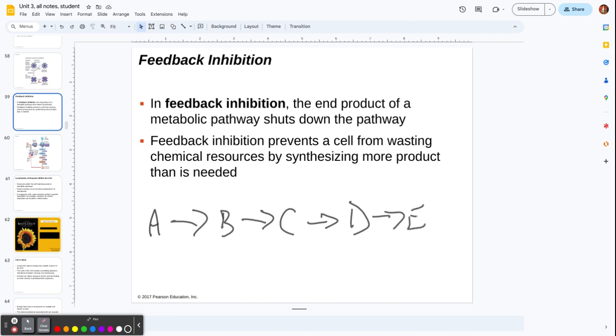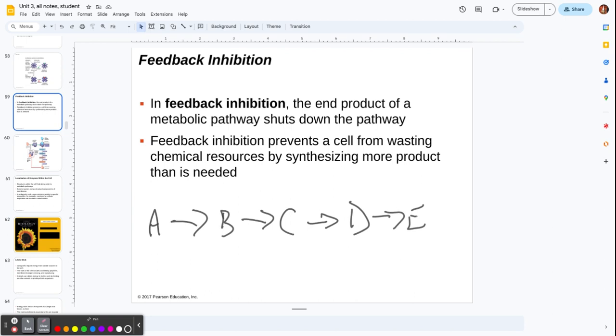I mean, some of these are really long. Like in biochemistry, you learn about all of the reactions in cell respiration and in photosynthesis. And I think in glycolysis, the first stage of cell respiration alone, there's 16 reactions. So this is just a small chunk of what could really happen.